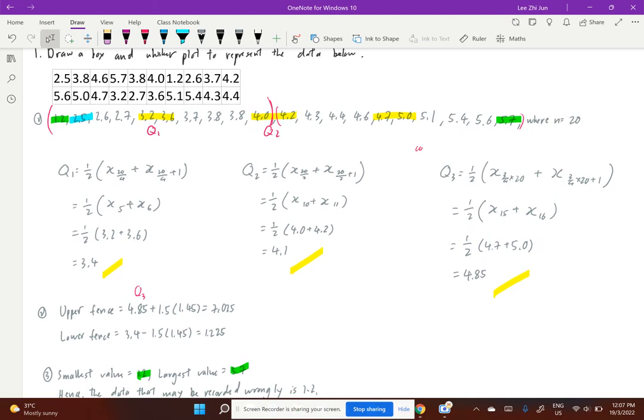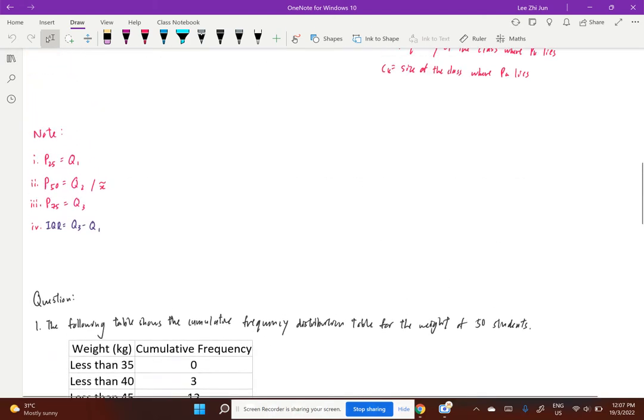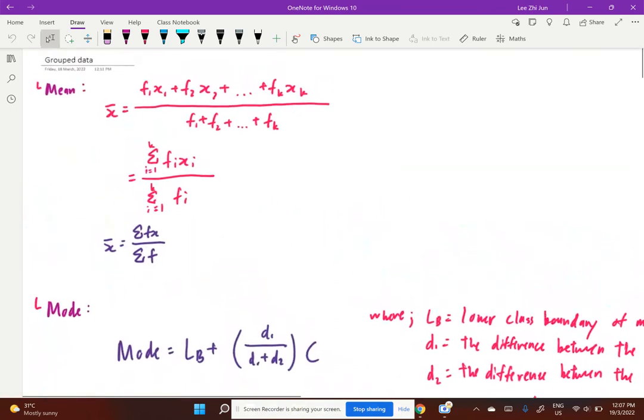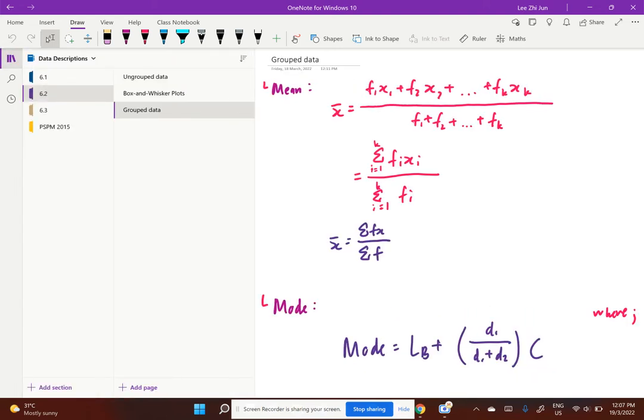Okay, so we go to the grouped data. Just now I talked about the ungrouped data.